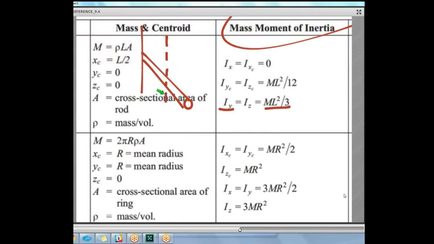But it's a little easier to spin it about the center of the rod. So if we drew a y-axis through the centroid, so there's the sub C for centroid, it'd be a little easier. In fact, this value is 1/4 of this value. So it's easier to spin this thing about its center than it is to spin it about some more distant point.